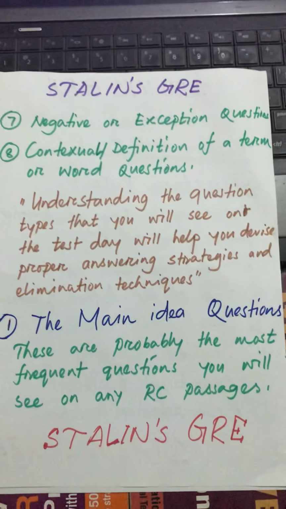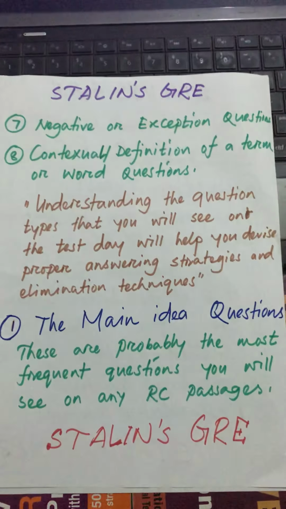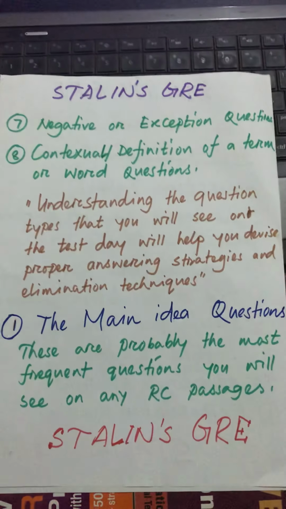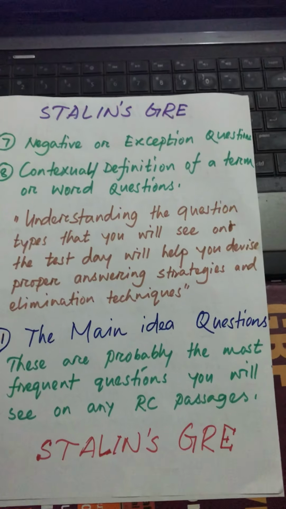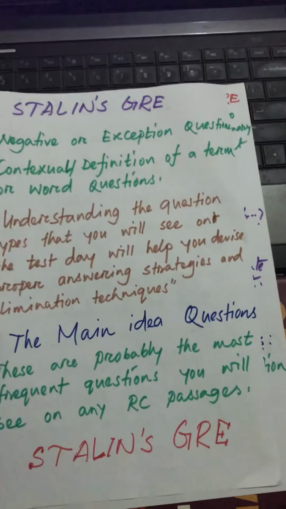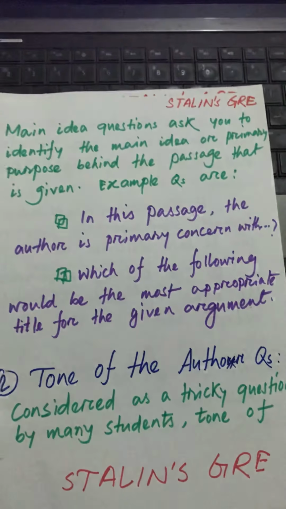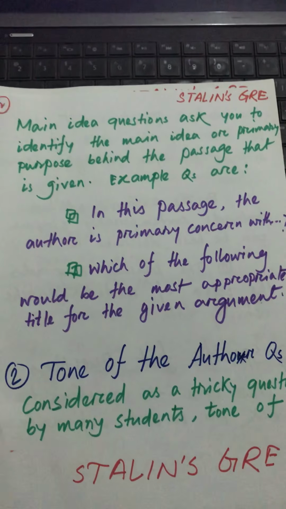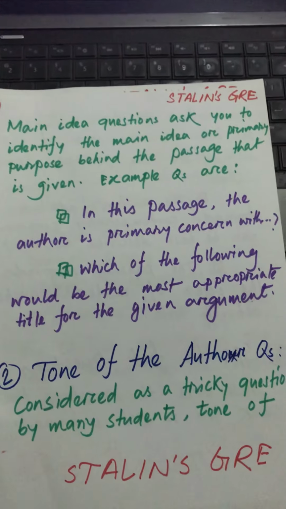Number 1, the main idea questions. These are probably the most frequent questions you will see in the GRE RC sections. The main idea or primary purpose of the passage is asked very frequently. Main idea questions ask you to identify the main idea or the primary purpose behind the given passage.